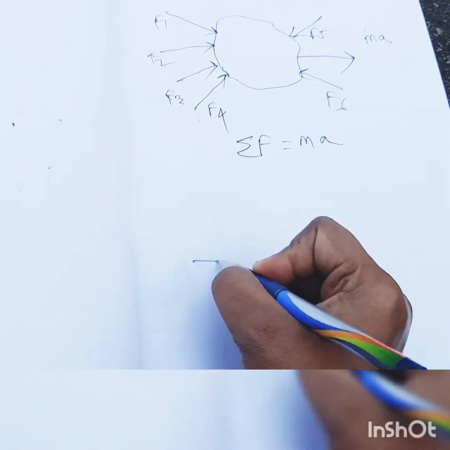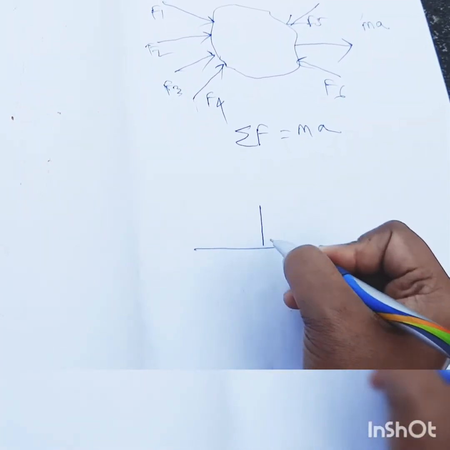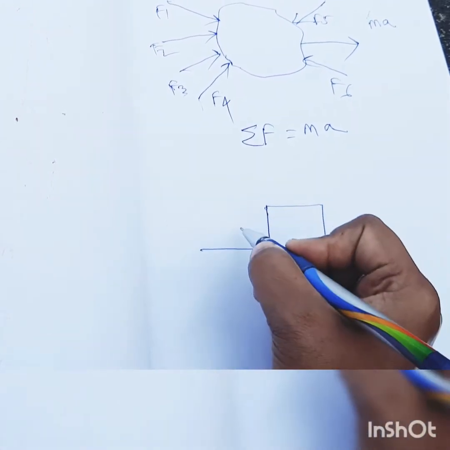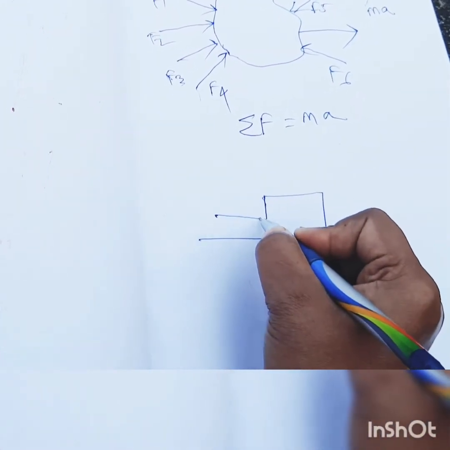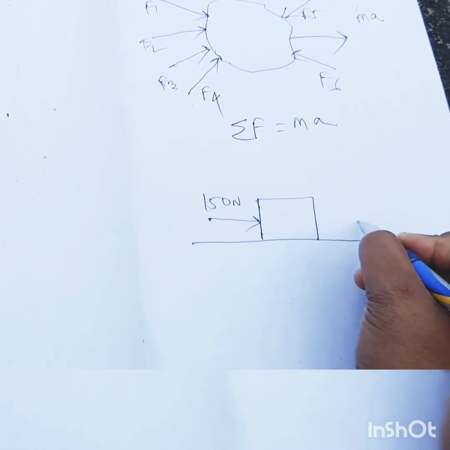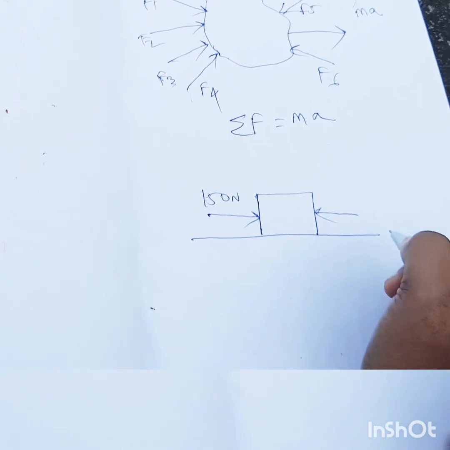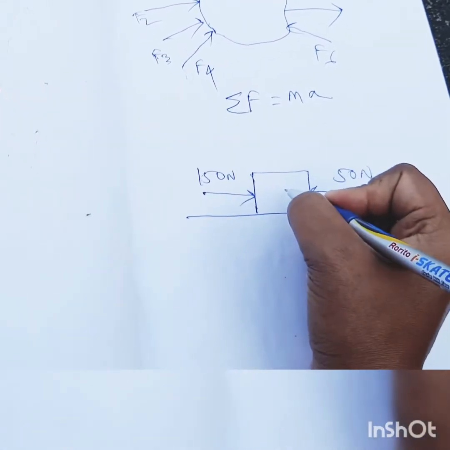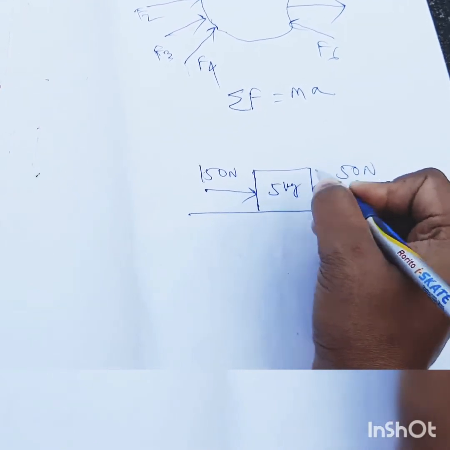I'll further give one example. Suppose this is a body, a block resting over it. Suppose on this side I am applying a force of 150 Newton, and from the other side one is applying a force of 50 Newton, and the mass of the body is 5 kg.